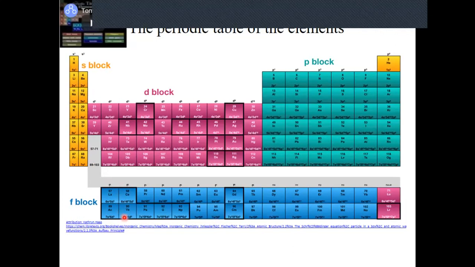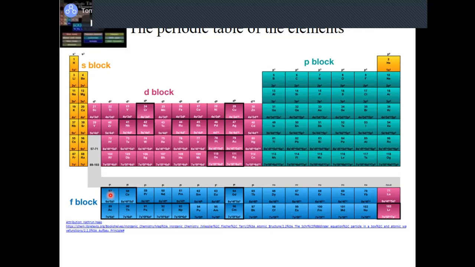So please keep that in mind. Lanthanum is actually a group 3 element, and actinium as well. The name lanthanide comes from the Greek, the elements following lanthanum, but lanthanum itself doesn't belong to the lanthanides.